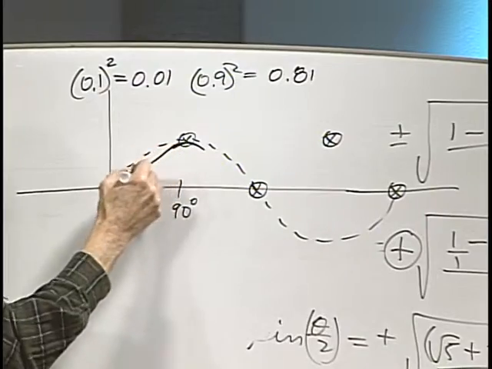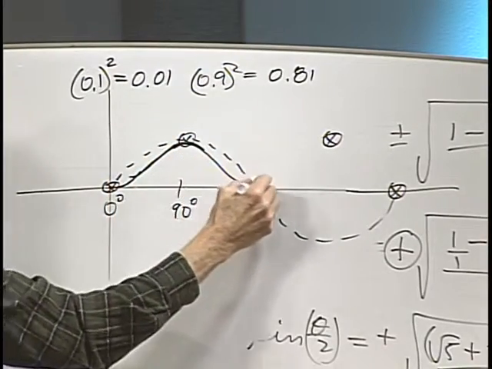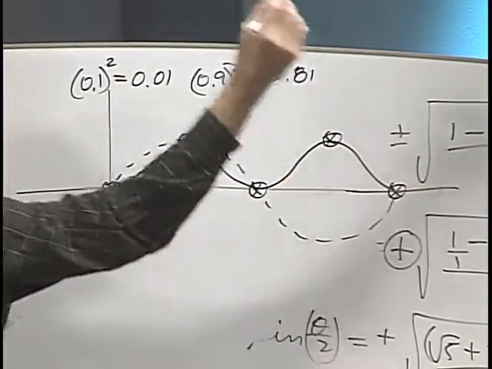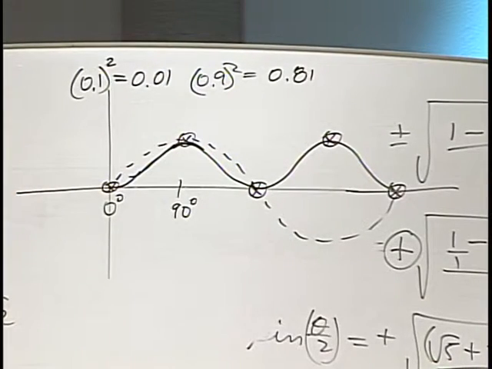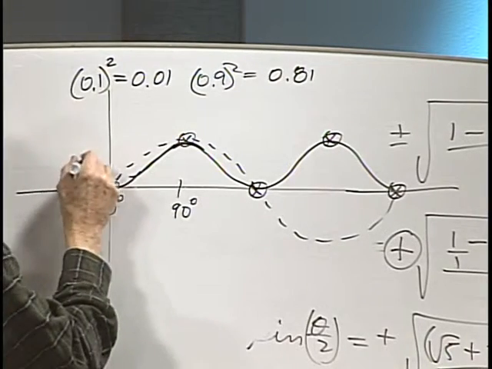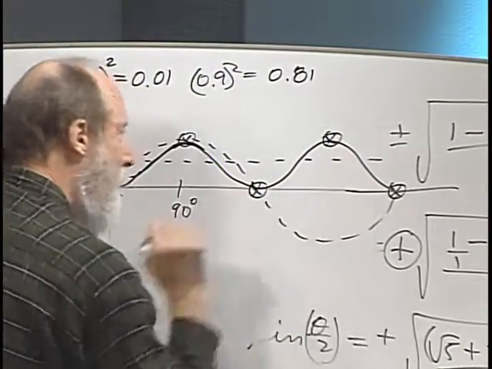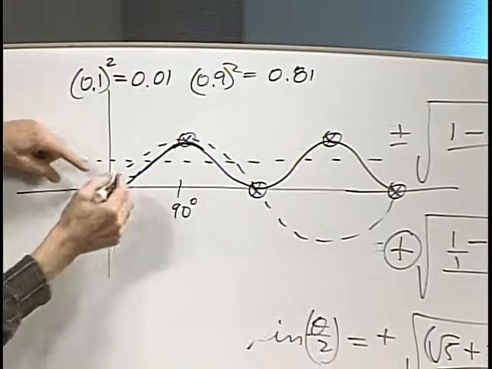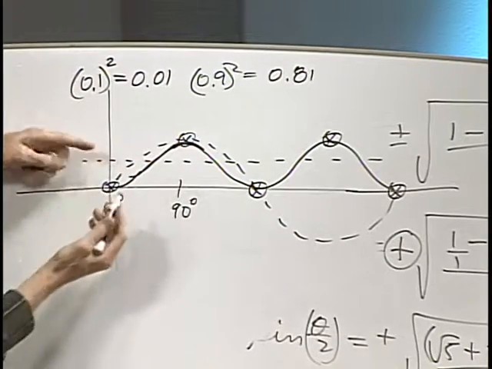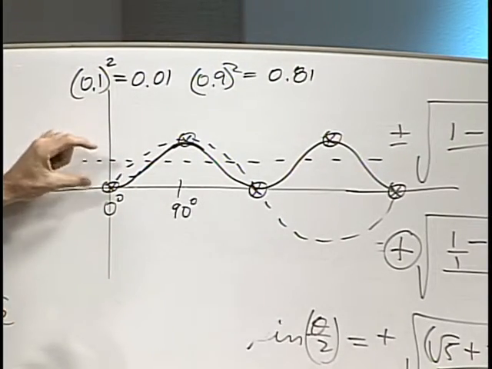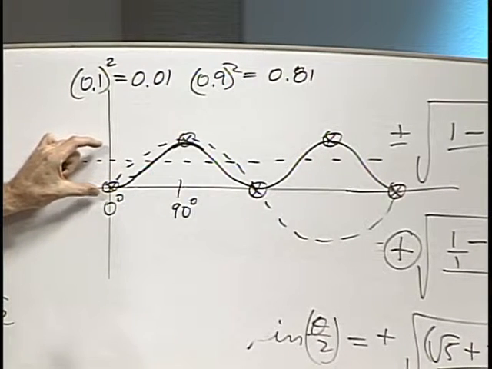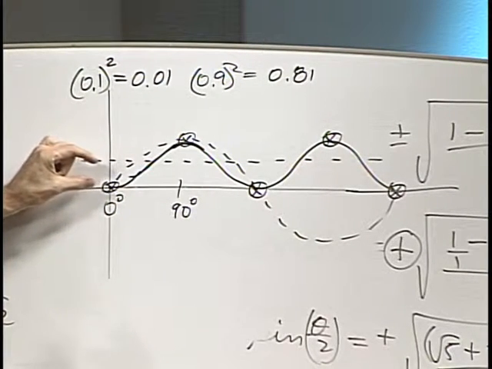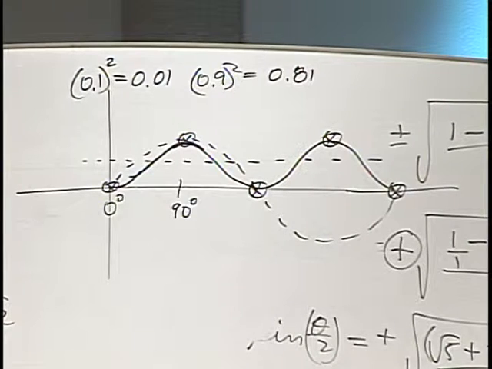And what I get is a nice smooth graph that looks like this. And lo and behold, look at that. Doesn't that look like an upside down cosine wave that's been squeezed and made an amplitude of just a half and lifted up a half at the same time? Well, here it is right here.